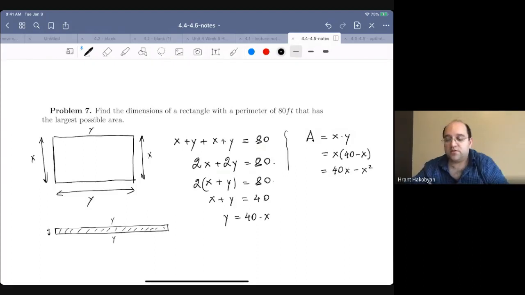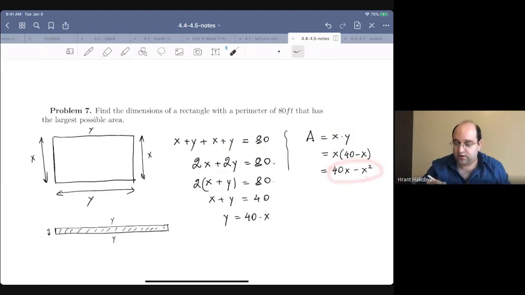Okay, so I want to find the maximum of this function here. How do I do that? Well, this is just a parabola, right? And because I have a negative sign, my leading coefficient is -1, so that means it's a parabola with branches going down. So it has one maximum.